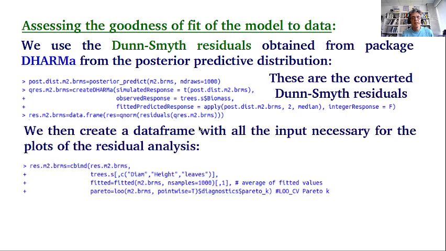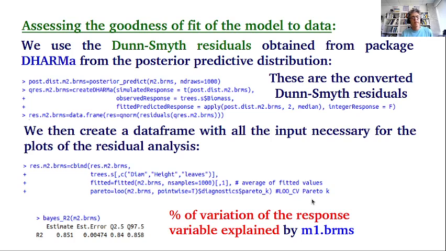And then we create, as usual, a data frame with all the input necessary for the analysis. This includes these converted Dunn-Smyth residuals, the explanatory variables of the model, the fitted values, the average fitted values, and the Pareto k coefficients.